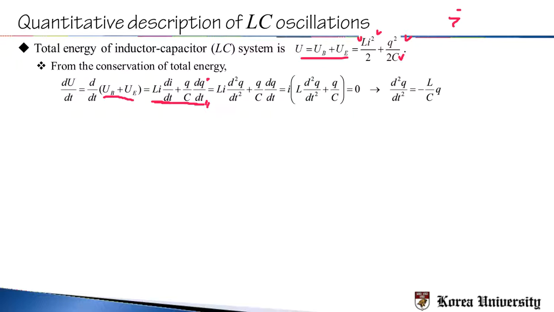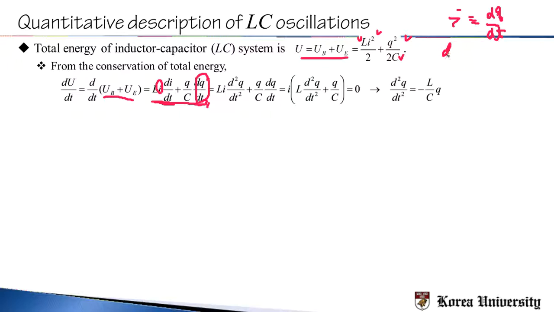What was the relation between the current and the charge? We learned that the current was originally defined as the time derivative of the charge, right? So this term here is the same as this one. And how about di/dt?